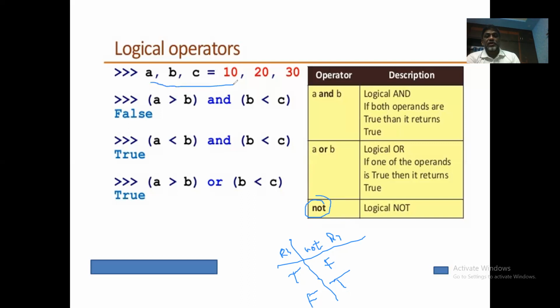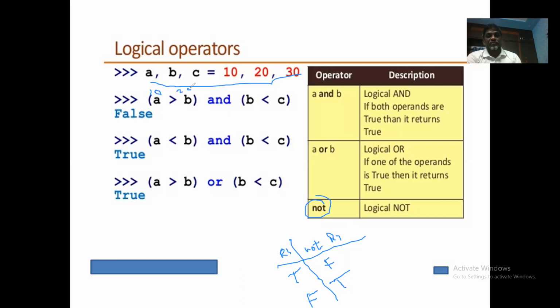Three variables were defined here: A, B, C is equal to 10, 20, 30. The first condition is A greater than B and B less than C. A is 10 according to the given values, B is 20.